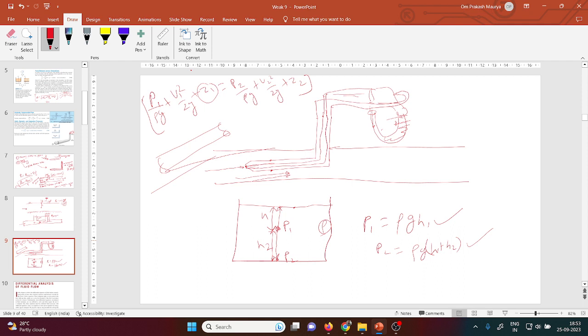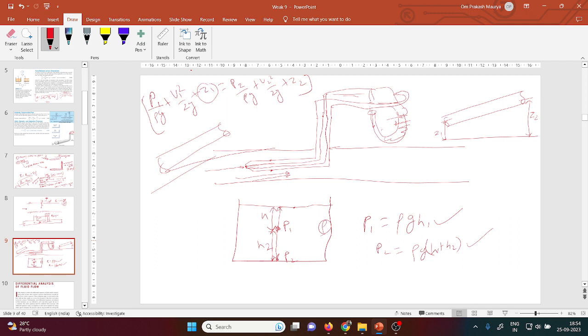Let's say I want to draw here again. This is the pipe, and I have taken the datum at that location. So this is Z1 and this is Z2.